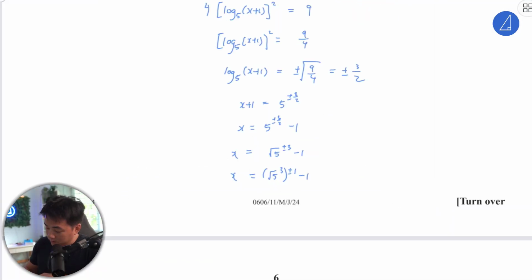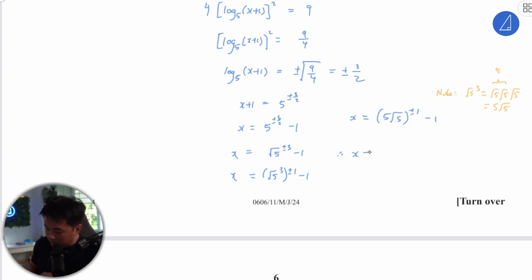So just take note, root 5 cubed is nothing more than root 5 multiplied by itself 3 times. This is just 5 root 5, because root 5 multiplied by root 5 is just 5. So in this case, x equals 5 root 5 to the power of plus minus 1 minus 1.